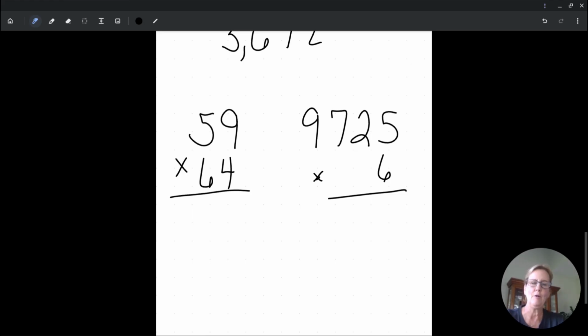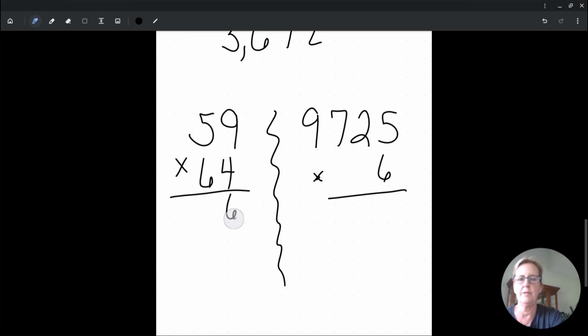Well, hello for the last time. Here we go. Let's do this one first here on the left. 9 times 4, 36. 4 times 5 is 20, plus the 3, 23. Hasta vista, ole. 6 times 9 is 54.